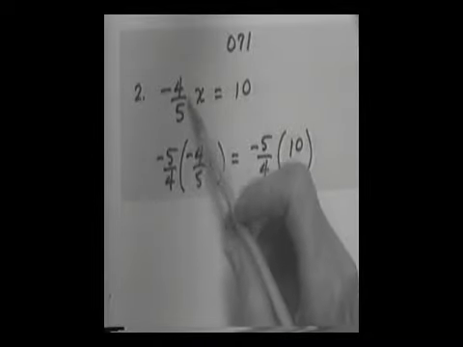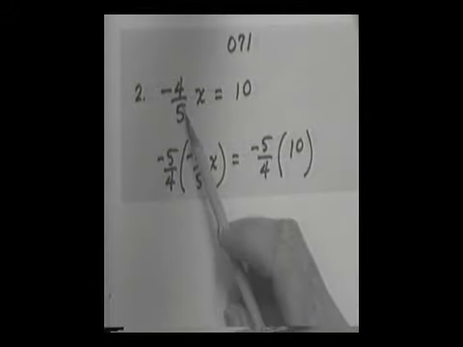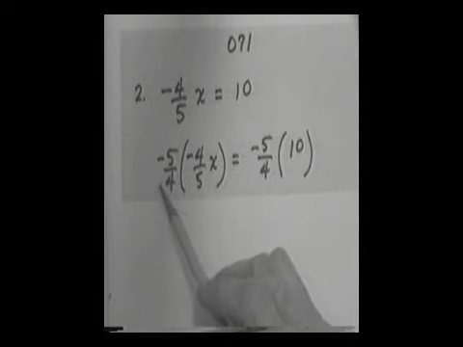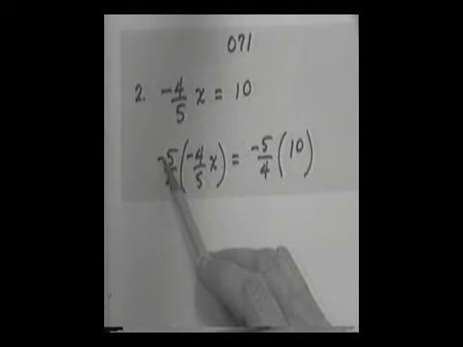Notice that when I took the reciprocal of negative 4/5, the sign of the reciprocal is the same as the sign of the original fraction. A negative fraction has a negative reciprocal. The negative sign could be put in the denominator, or out in front, or in the numerator.